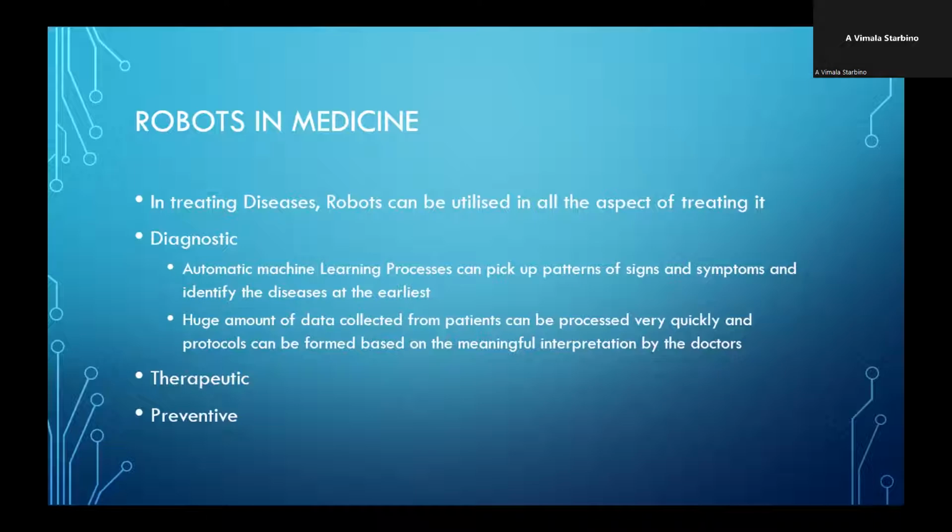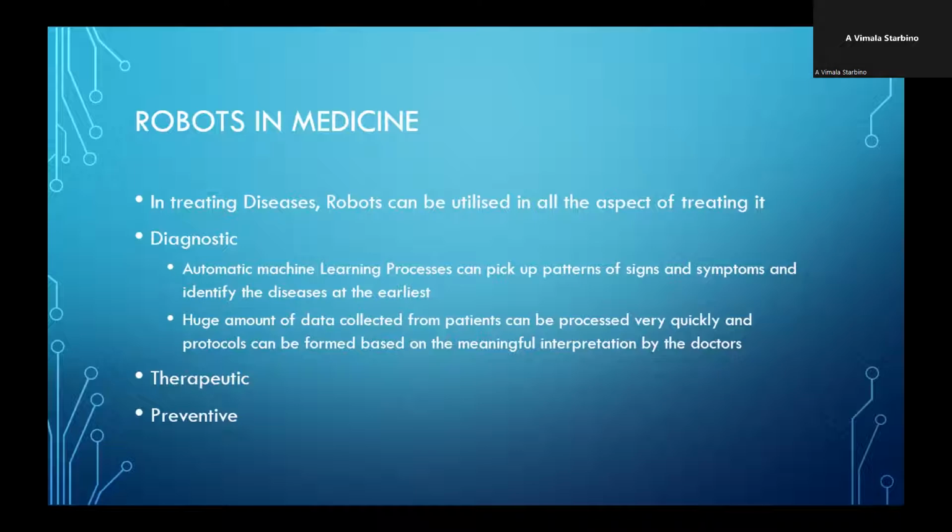So the huge amount of data which we already have can be processed and we can form a protocol on how to treat. For example, in COVID, machine learning helped in identifying the patterns of the disease. In CT scans of COVID patients, we identified patterns of lung involvement, gathered them into groups, and divided them into 6 categories.